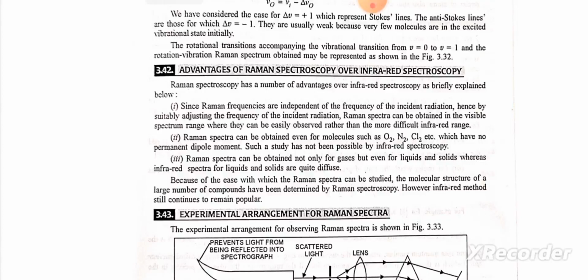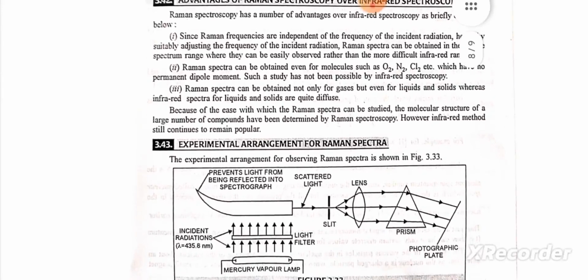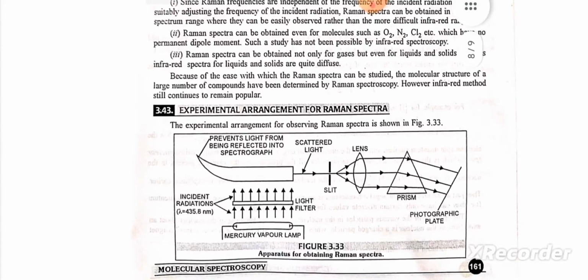Experimental arrangement for Raman spectra. The experimental arrangement for observing Raman spectra is shown in figure 3.33.